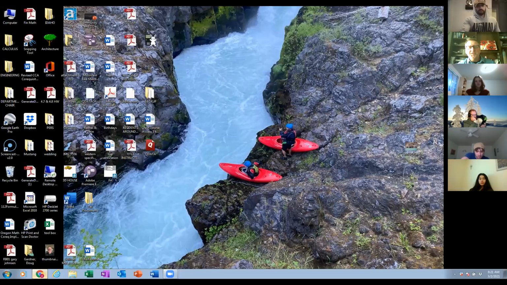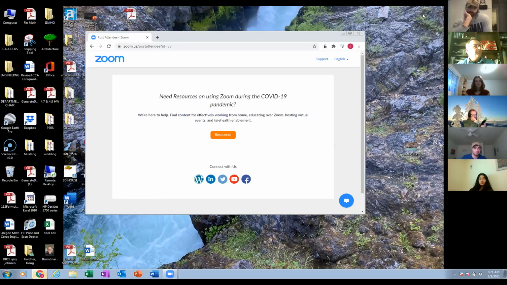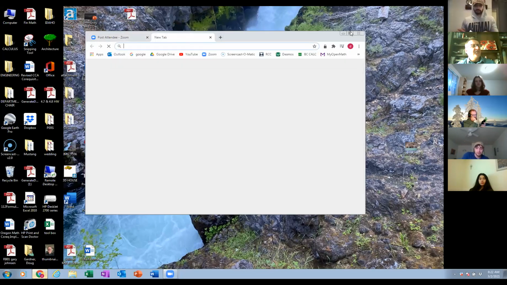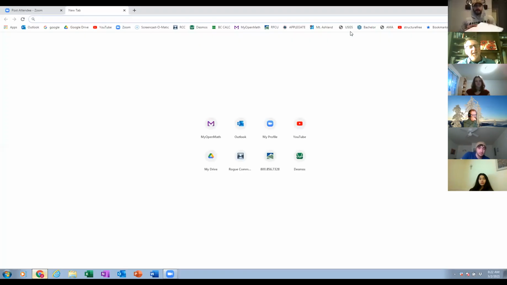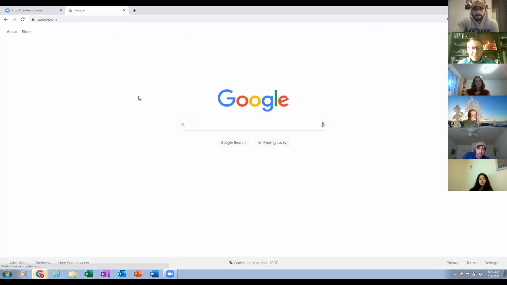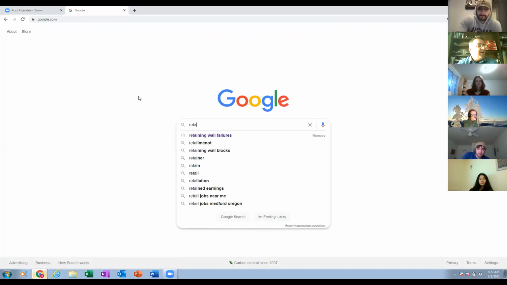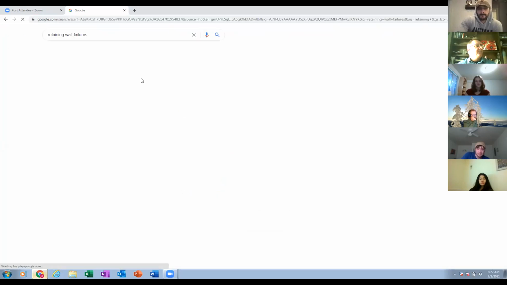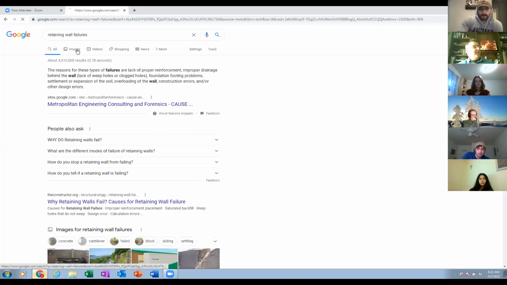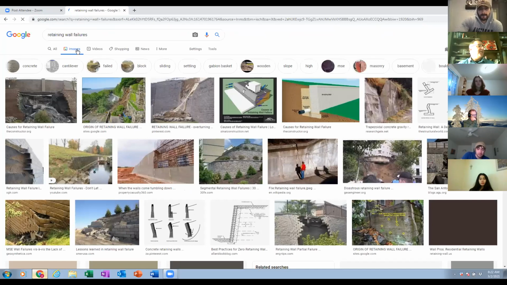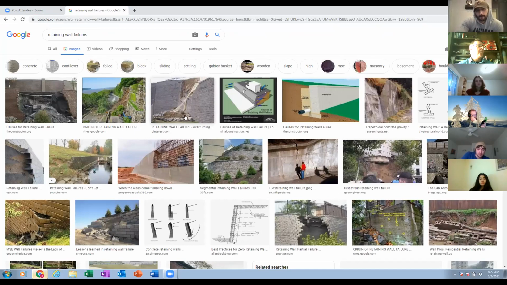This is something I teach in engineering, and it's these kinds of applications that I just never saw, and I just think it's kind of neat to see. So I'm going to type in retaining wall failures and go to images, and let's just randomly look at some retaining wall failures.